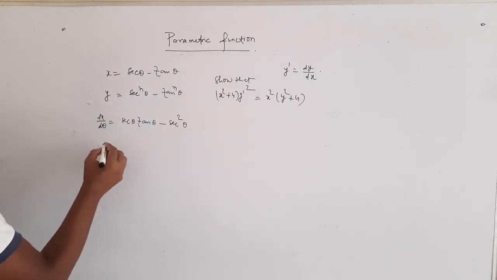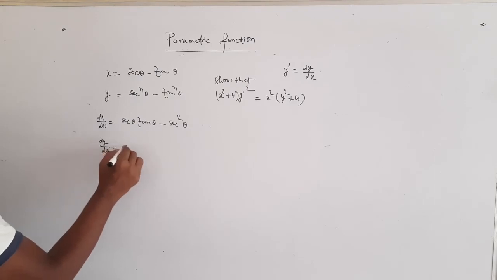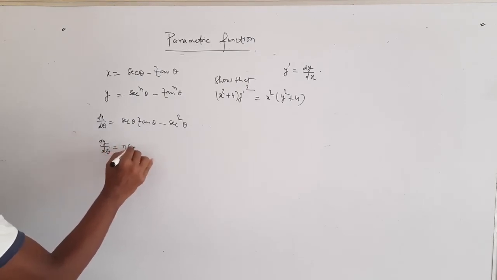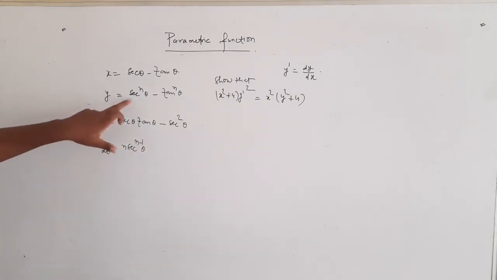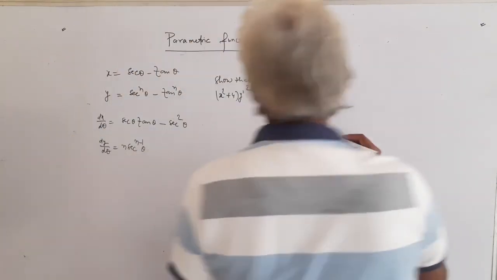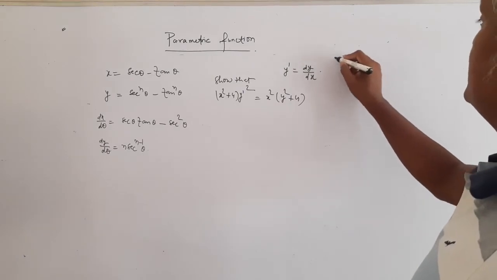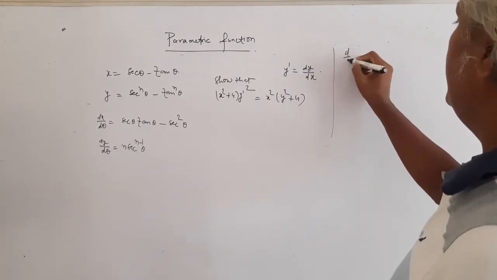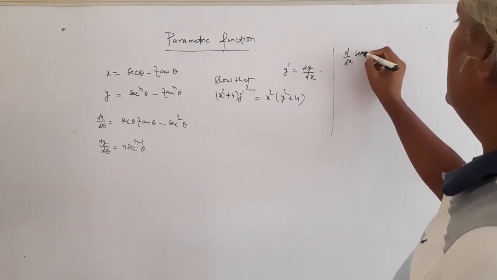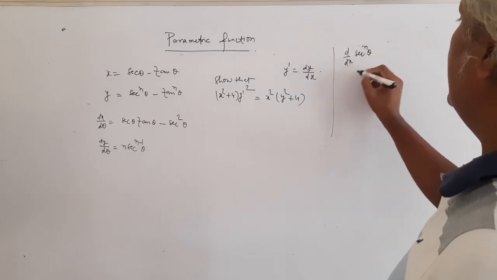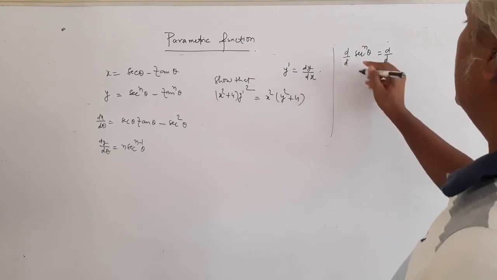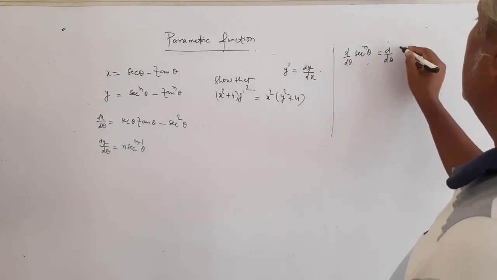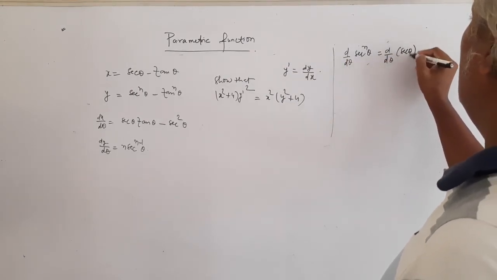Now in the same way you find dy by d theta. dy by d theta is n sec to the power n minus 1 theta, because I have taken sec to the power n theta as the method of substitution I am using. So d by dx of sec to the power n theta, I am taking it as d by d theta of sec theta whole to the power n.